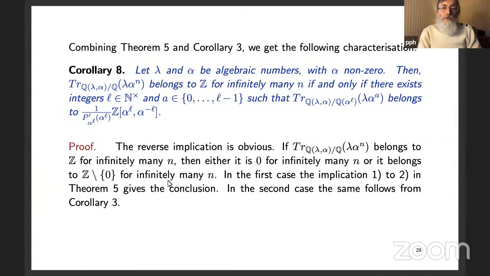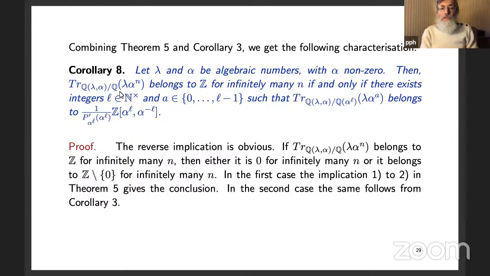So now we can combine, as suggested before, theorem 5 and corollary 3. That is, we consider the case where the trace over Q of lambda alpha^n is integral for infinitely many n. And the proof, which is written here, decomposes in two.